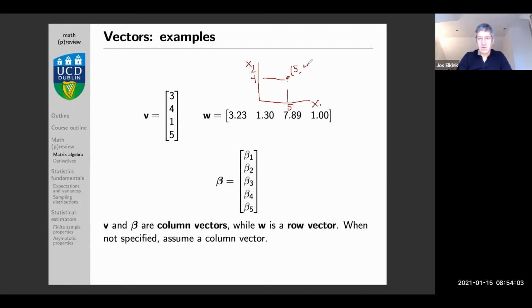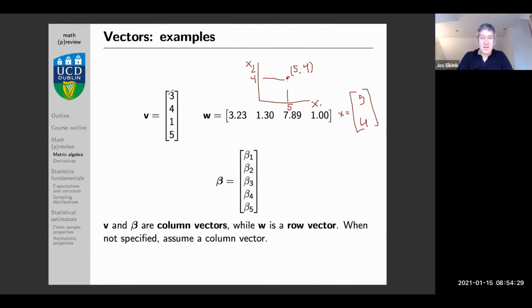It's very difficult to write with this mouse. Another way of writing that would be a vector, x equals 5 and 4. So one way of thinking about a vector with 2 elements is that it is a position in a 2-dimensional space.